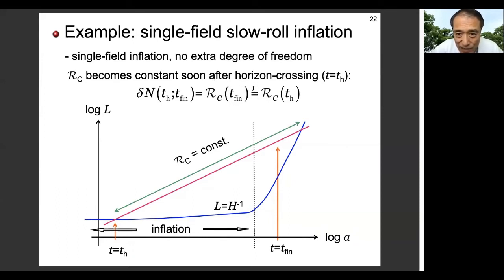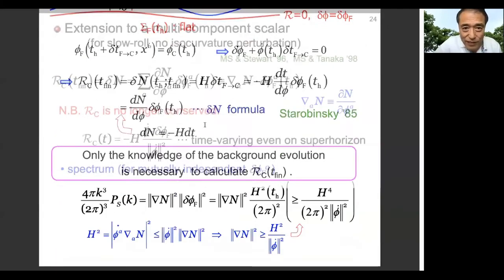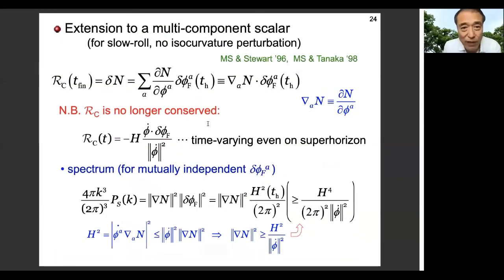This is not true in general, but this part is always true. That's the reason why you can easily extend to a multi-component system. What is important is the number of e-folds.